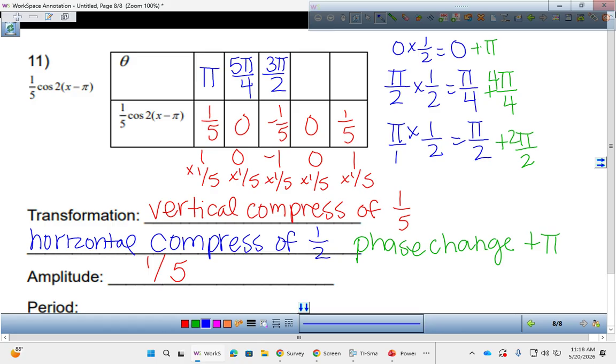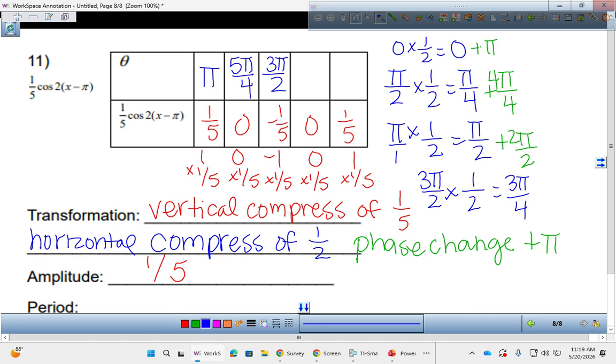Now I'm at the fourth value of my cosine table, which is 3 pi over 2. And I want to compress that by 1/2, so I'm going to multiply that by 1/2. That's the blue part, shrinking it. So 3 pi times 1 over 2 times 2.